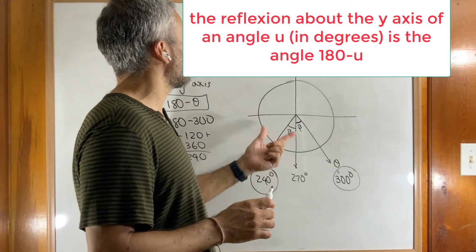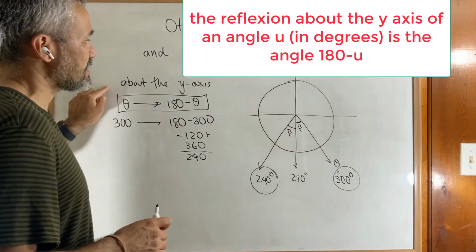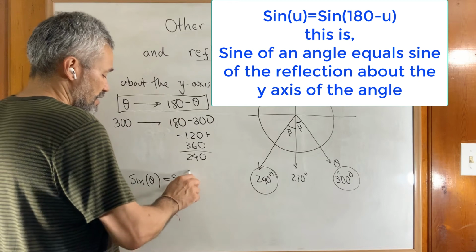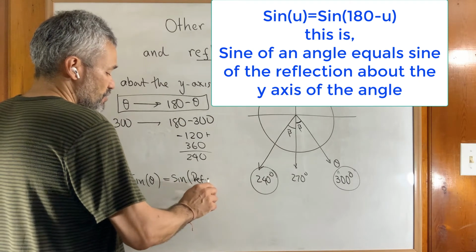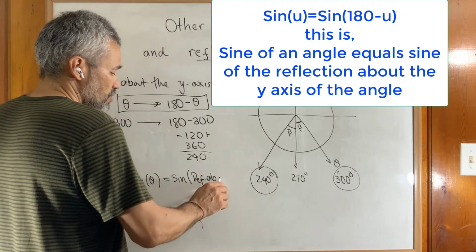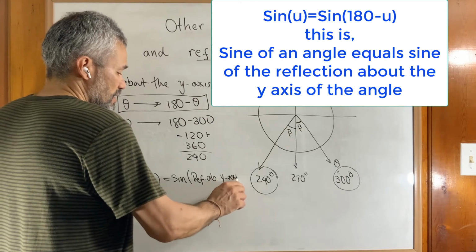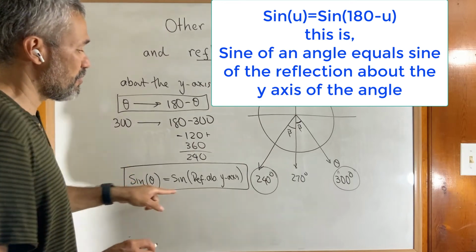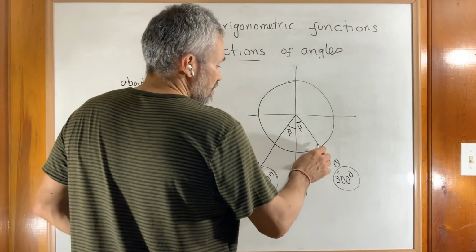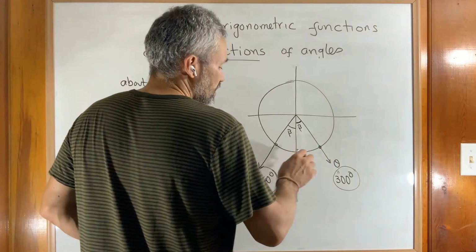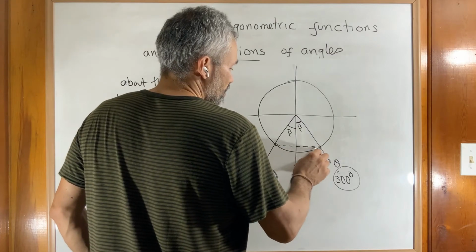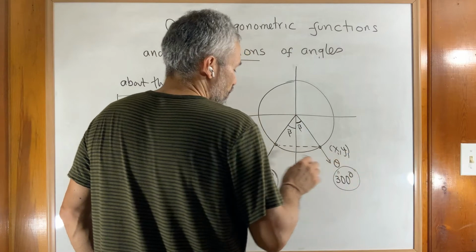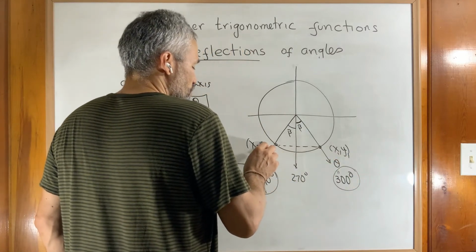The important property about the reflection about the y-axis is that sine of any angle is the same as sine of the reflection about the y-axis. And the reason is that when you think about the terminal points and their components x and y, let's suppose that this is x1, y1, and this is x2, y2.